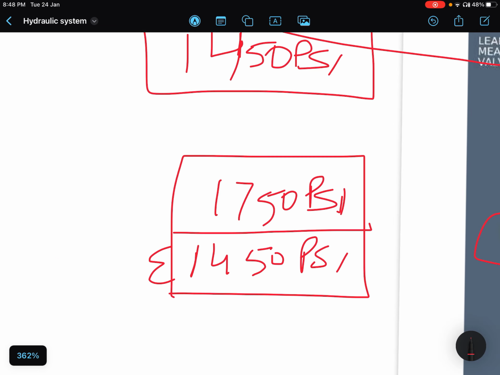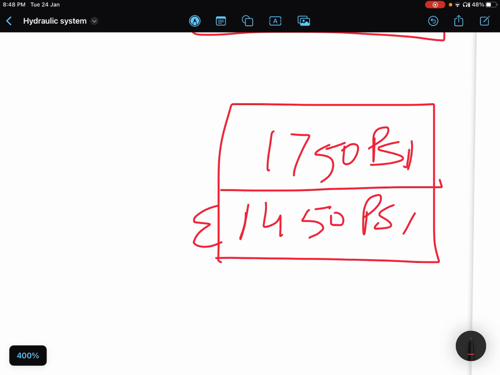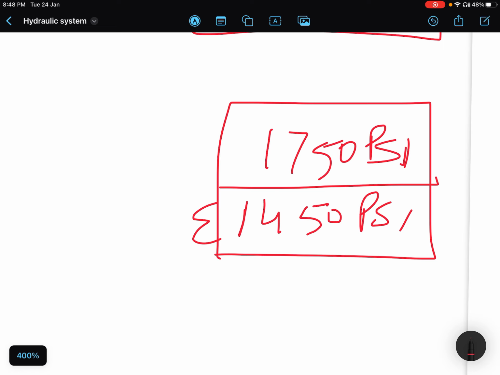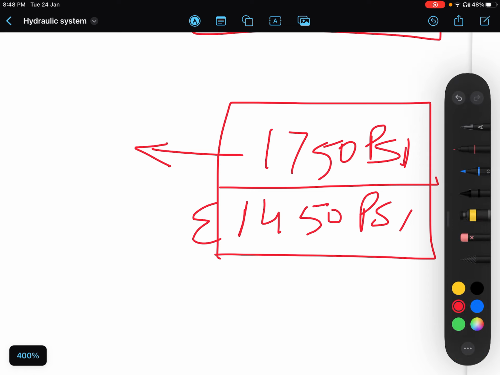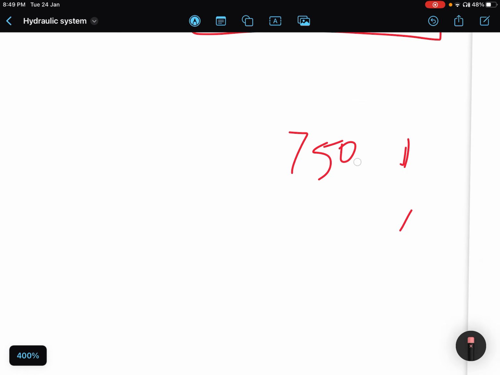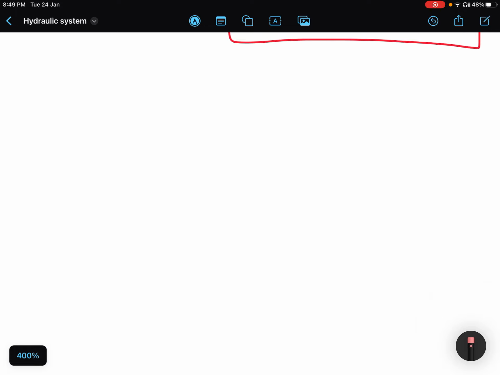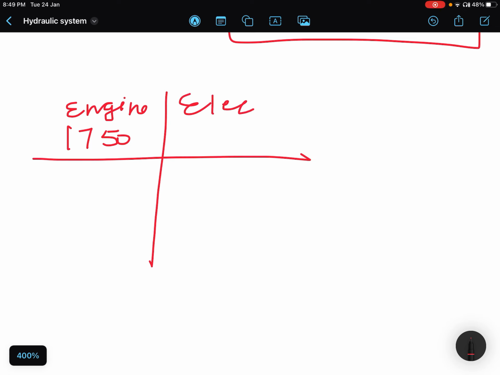When does it come normal, considered normal? When this pressure of engine driven, this is electric pump, the lower one. Just a second, I will make it a little clear for you. It's 1750 for engine driven pump. For electric pump, it's 1450 psi.